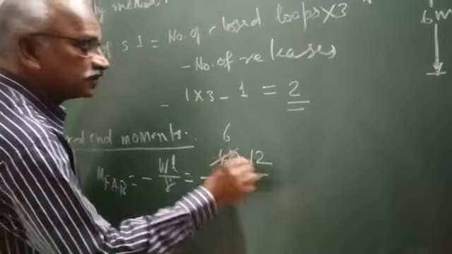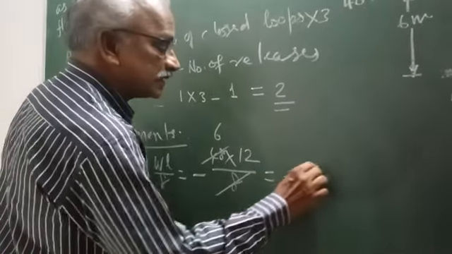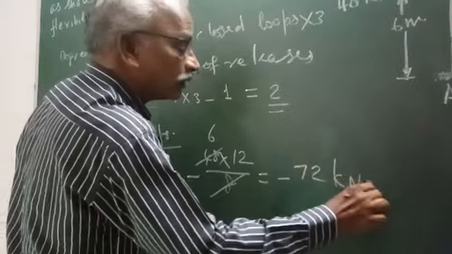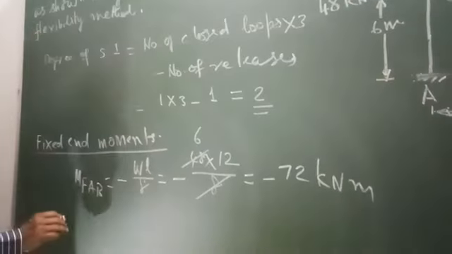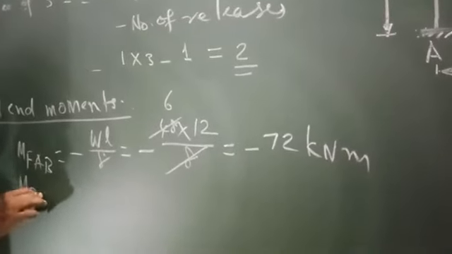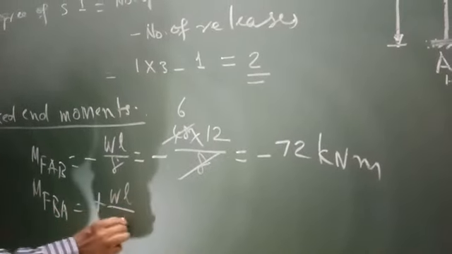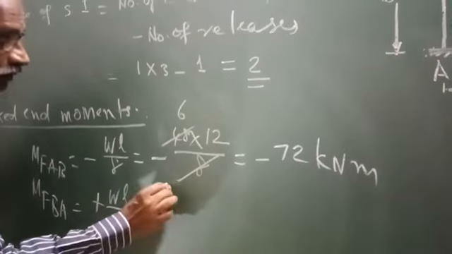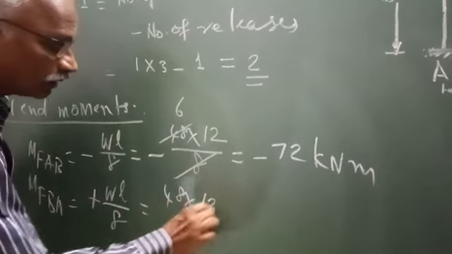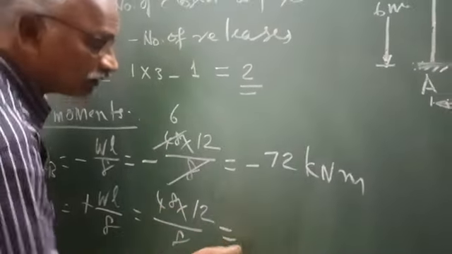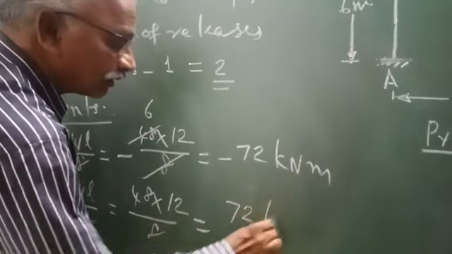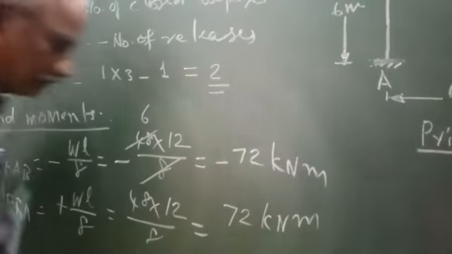So this will become 6 into 12, minus 72 kilonewton meter. M of BA equal to plus WL by 8, equal to 48 into 12 by 8, equal to plus 72 kilonewton meter.